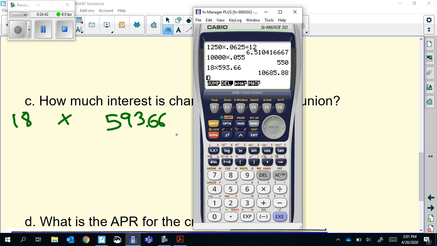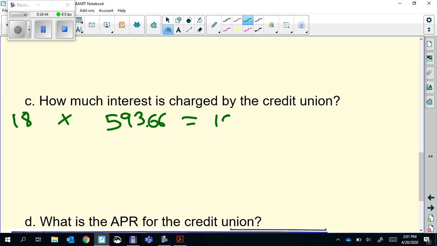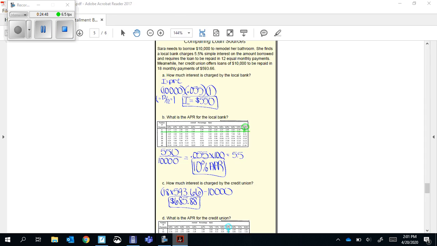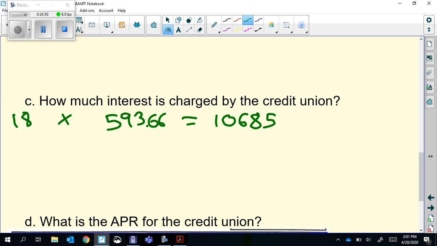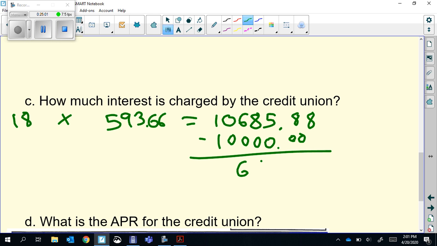So it's a total of $10,685.88. And the amount borrowed is $10,000. So that means that the $685.88 is interest.